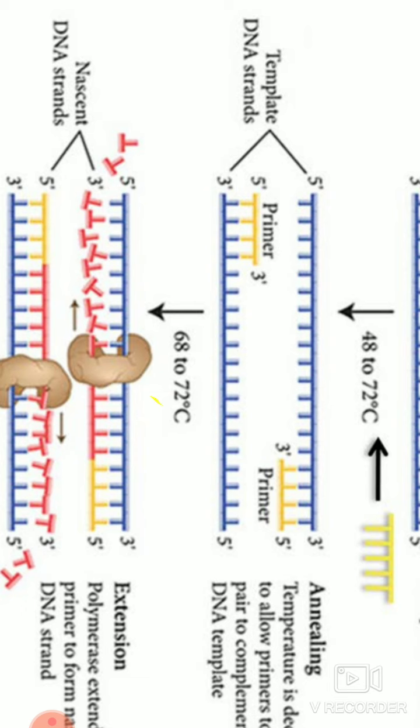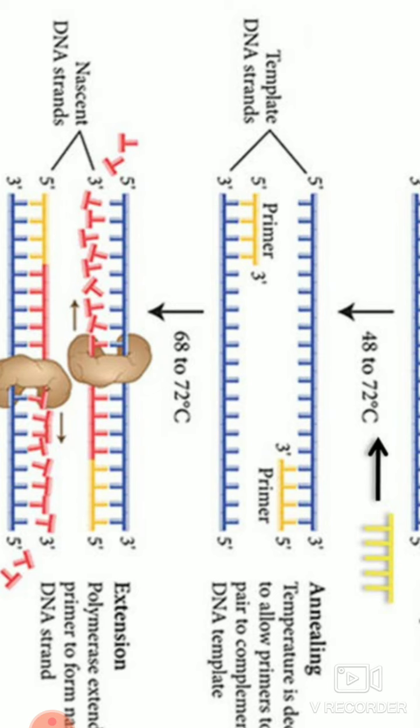So now you can see that the primers are designed: there is the forward template DNA strand, and there is a reverse template DNA strand. Now you have primers which are designed from 5' to 3' for both the strands. Once the two strands are separate, the temperature of the reaction is lowered to between 50 to 65 degrees Celsius.